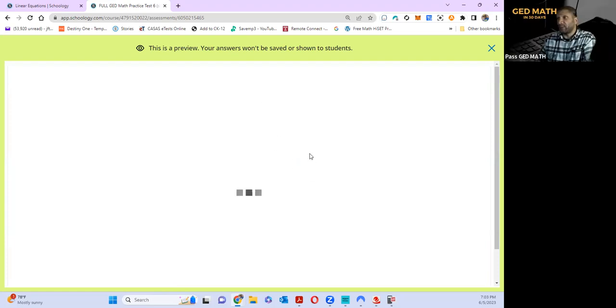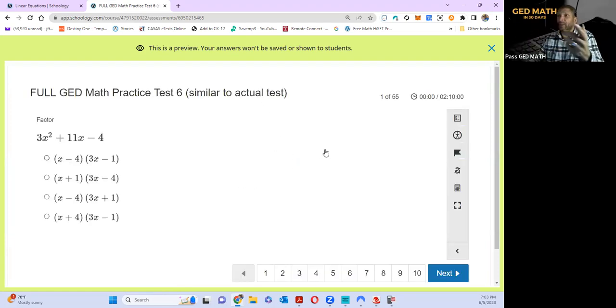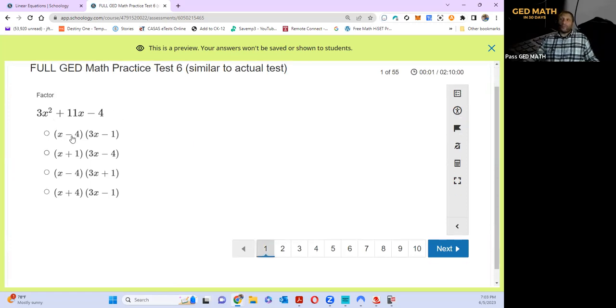Okay, factor this quadratic equation. First thing I'm gonna do is I'm gonna say, okay, -4 times -1 is positive, so it can't be A. It could be the rest of them. Now, instead of me trying to factor this quadratic equation, I'm going to multiply binomials.